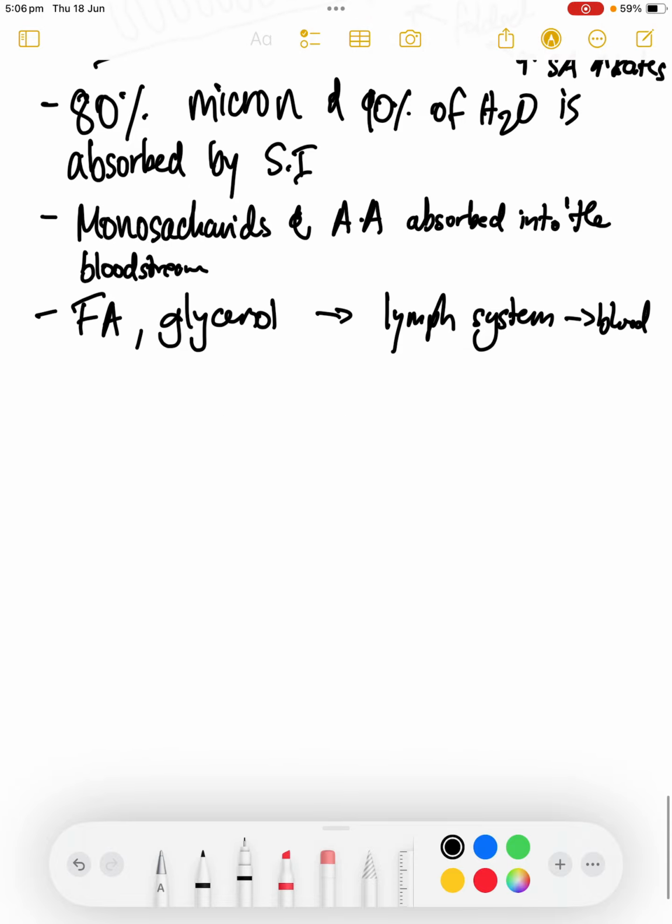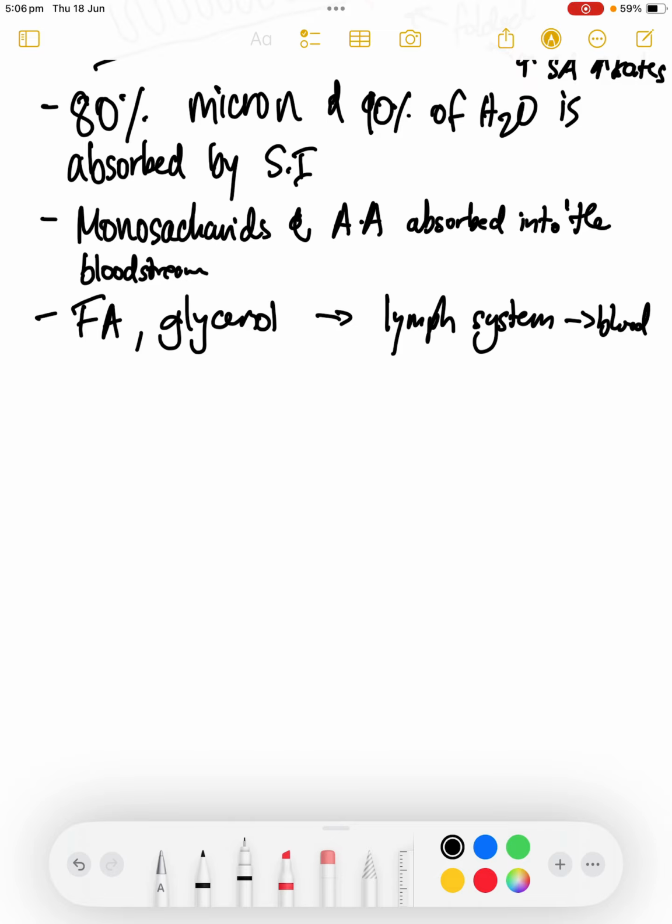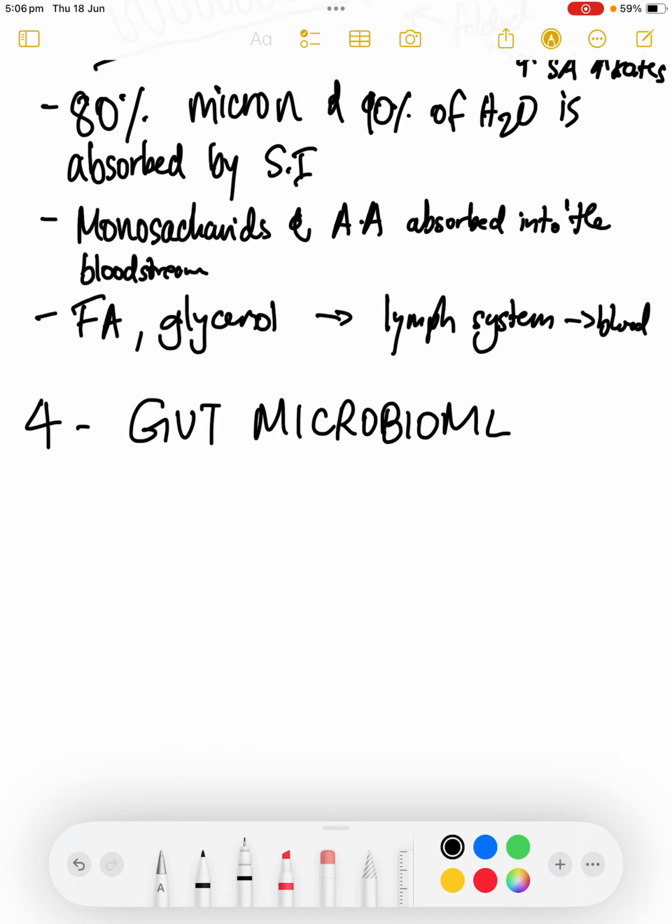All right. Now looking at the next bit, which is the gut microbiome. What is the microbiome? Well, I'm going to talk about it, and because I'm really wary of time, as I talk about it, I want you to write.